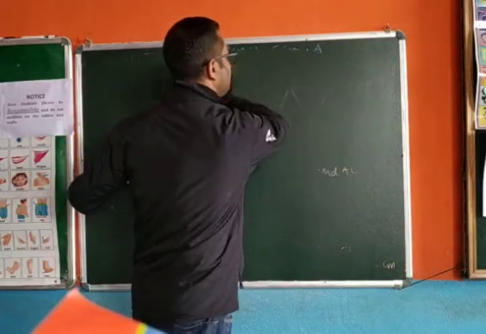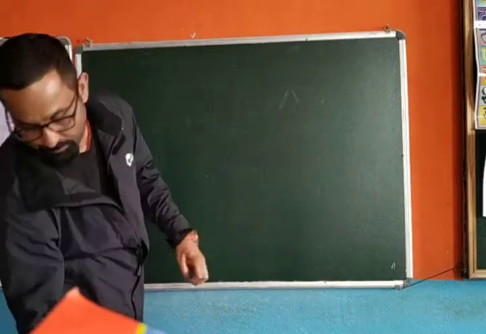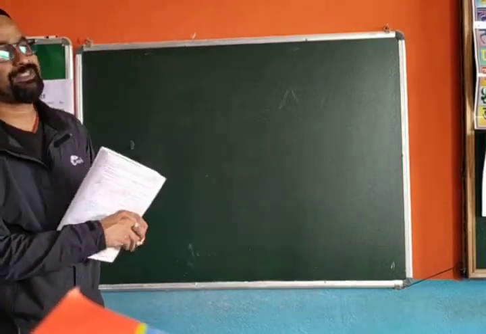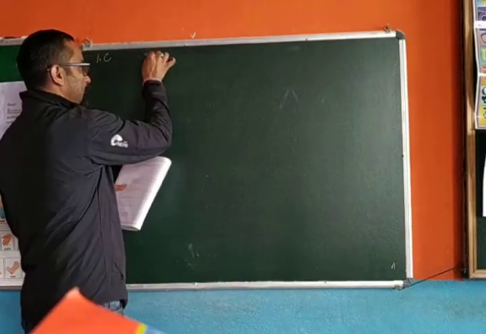You may be asked to prove, look at question number 1C. Question says that D and E are midpoints of AB and BC respectively, and DF is parallel to BC. Condition is already given.